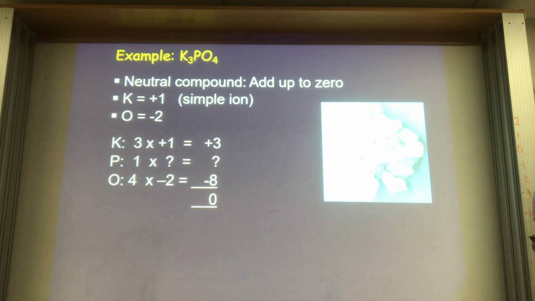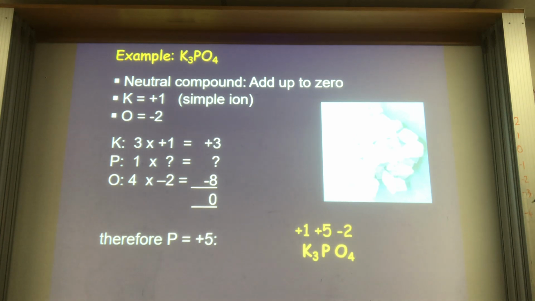What is the phosphorus going to be to satisfy that? Clearly +5. So when we're writing the oxidation numbers with a compound, write up the oxidation number of each individual potassium ion, each individual phosphorus, each individual oxygen.